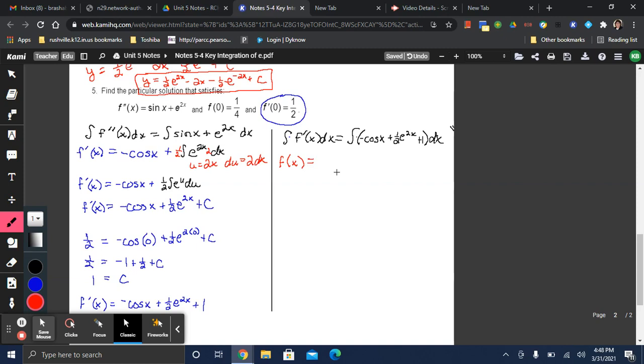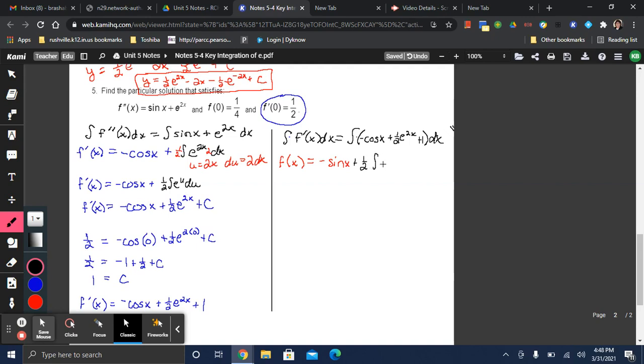And then we can do bits and pieces of this. So the antiderivative of the negative cosine of x is going to be still negative, and that'll be the sine of x. And then we're going to need to use a u again. So I'm going to just go ahead and put plus, I'm going to bring that 1/2 out of the integral.